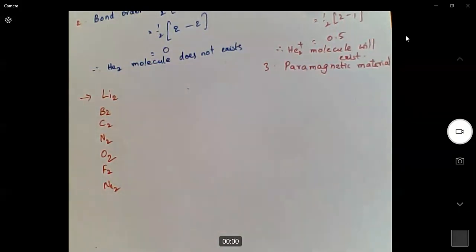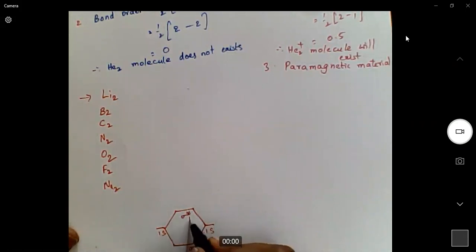These are just practice. Now I'll give you the complete MO theory, MO diagram. If we have 1s orbitals, then we will get sigma 1s, sigma star 1s.